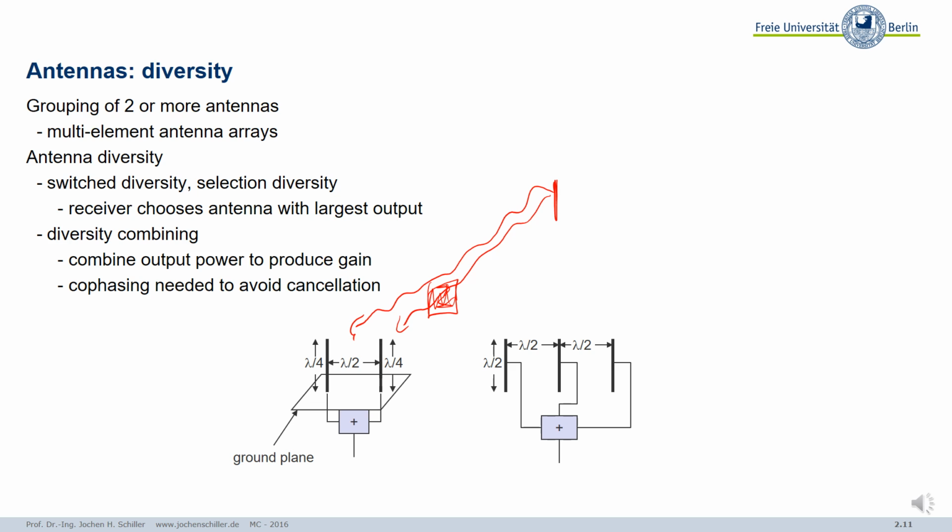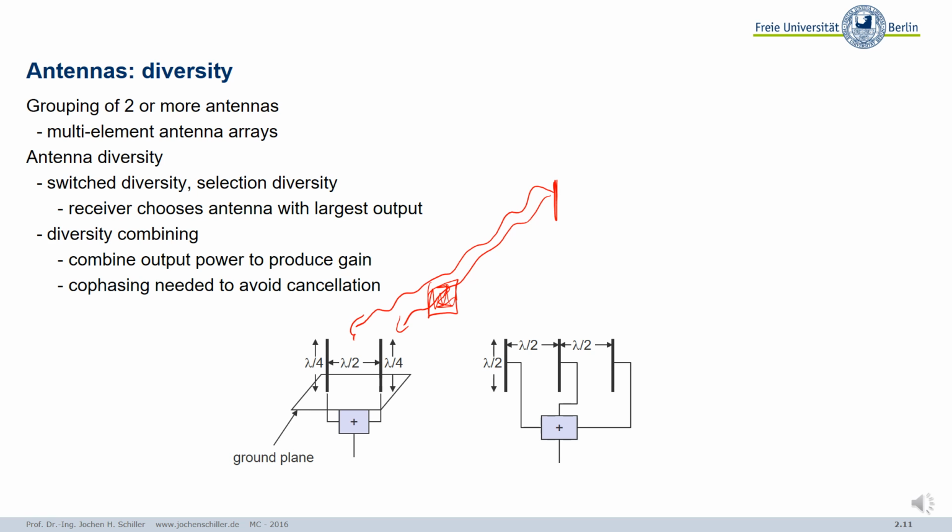So we can automatically switch between the antennas, and now we can use the antenna with a better signal quality. Okay, that's very simple to do. That's called switch diversity or selection diversity. So you choose the antenna with the largest output power.